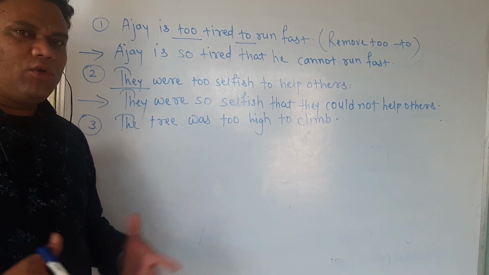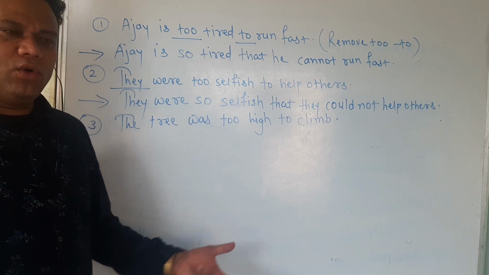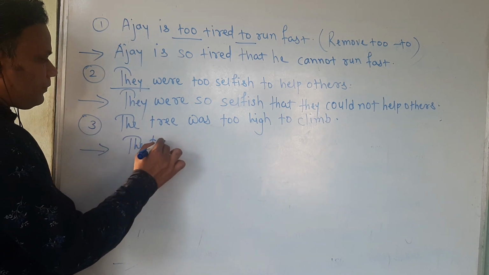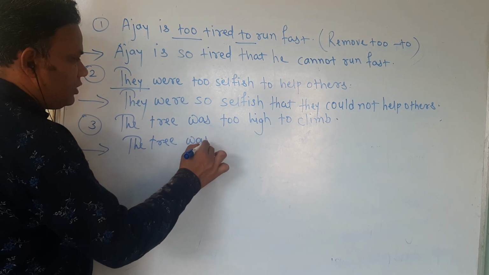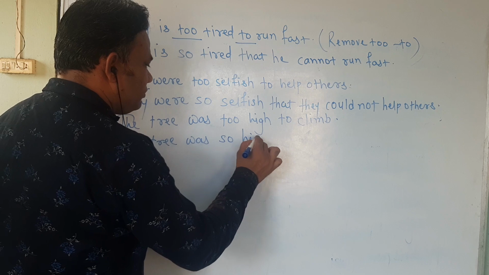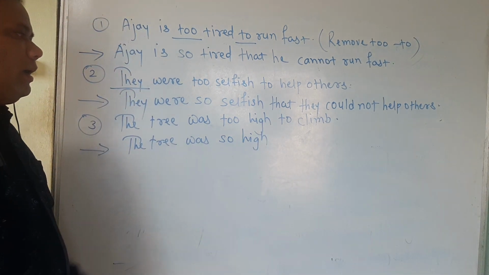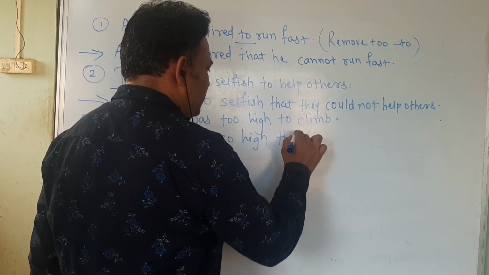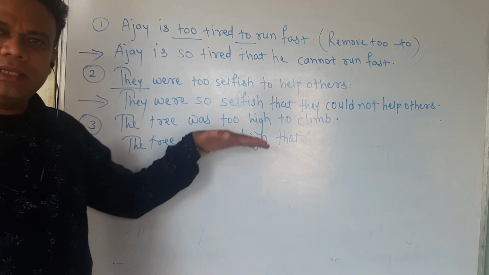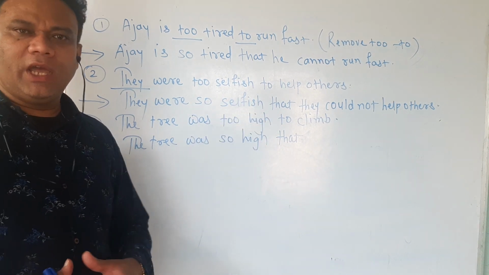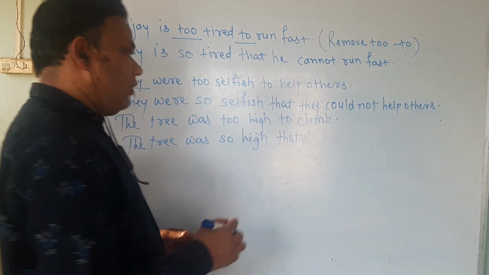Means who was going to climb that tree? We don't know. So answer we have to start from here only. The tree was. TOO2 we have to replace with so. High. TO2 we have to replace with that. And as in this sentence, doer of the action is not present, so we have to use the pronoun one.